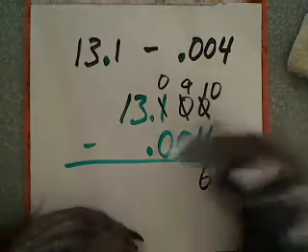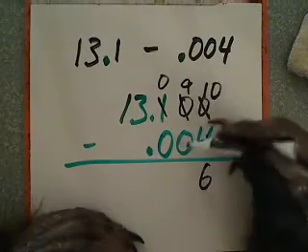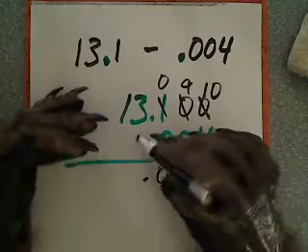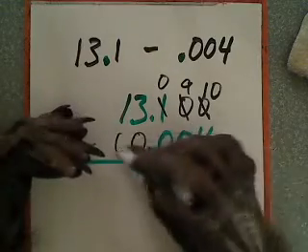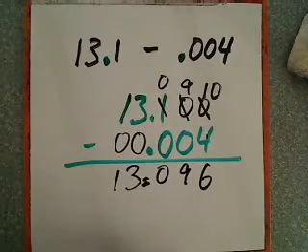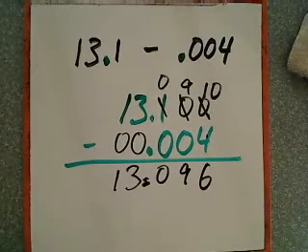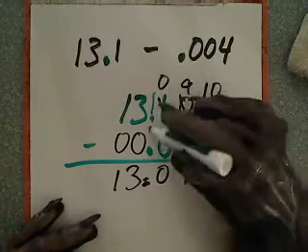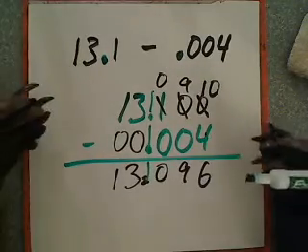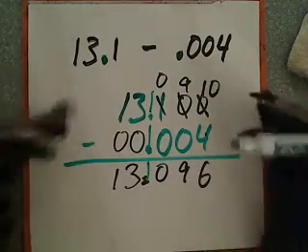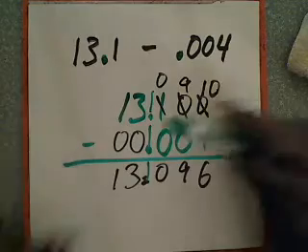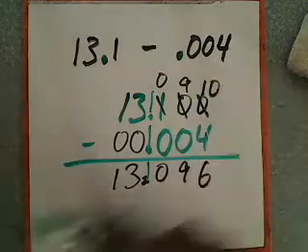It's confusing me. 10 minus 4 gives me 6. 9 minus 0 gives me 9. 0 minus 0 gives you 0. And these two, you could put some zeros here if you wanted to. Gives you just flat 13. So I'm still lining up my decimal, 13.996 thousandths. And so once again, it was important to line up my decimals, and add some zeros there.